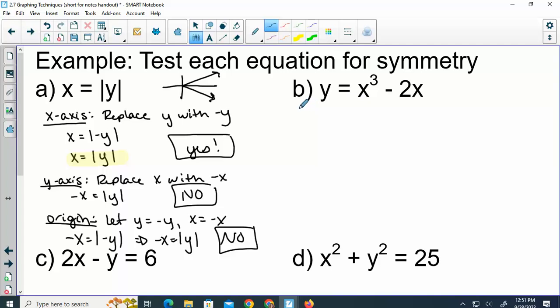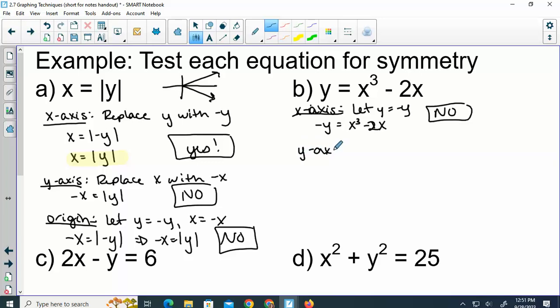All right, let's get B. How do I check the x-axis? So if I make my y negative, is there anything I can do to get rid of that negative and turn it back into the original? No. So it's not symmetric to the x-axis.